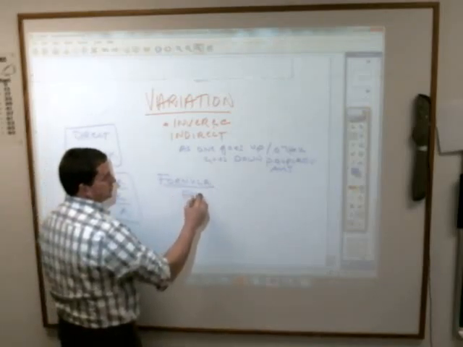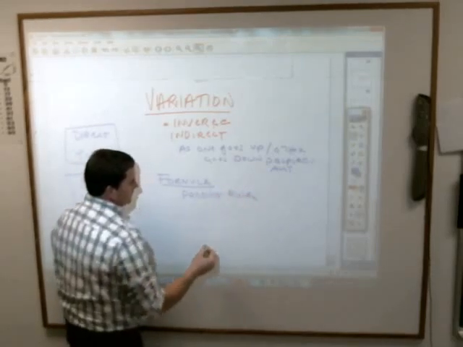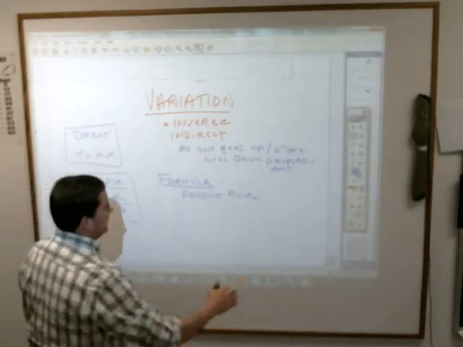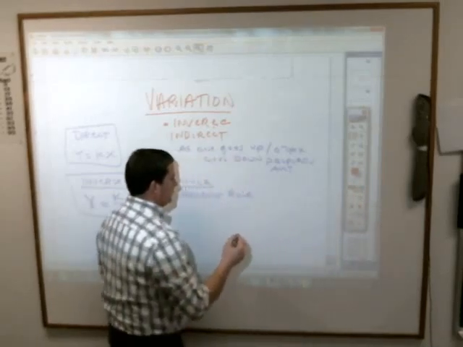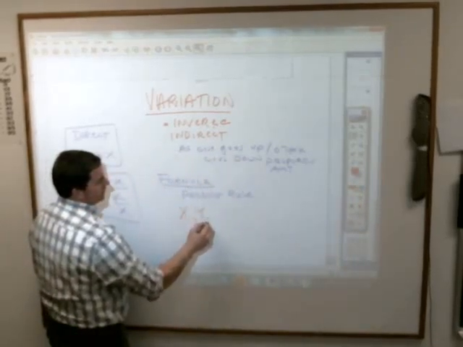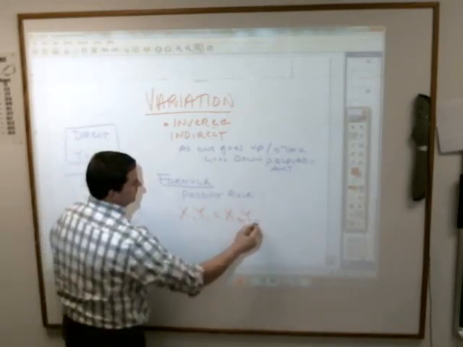It looks like this: x1 y1 equals x2 y2. X sub 1, y sub 1 equals x sub 2, y sub 2.